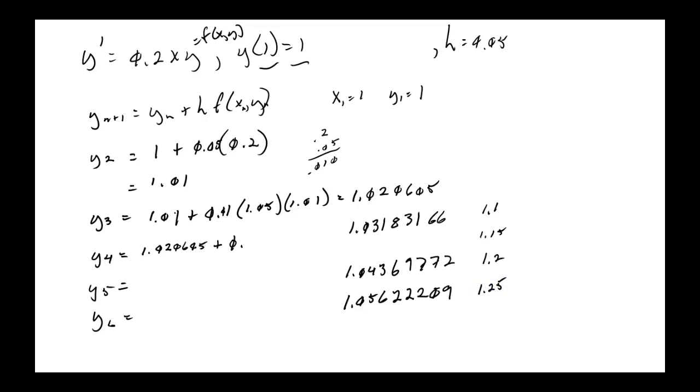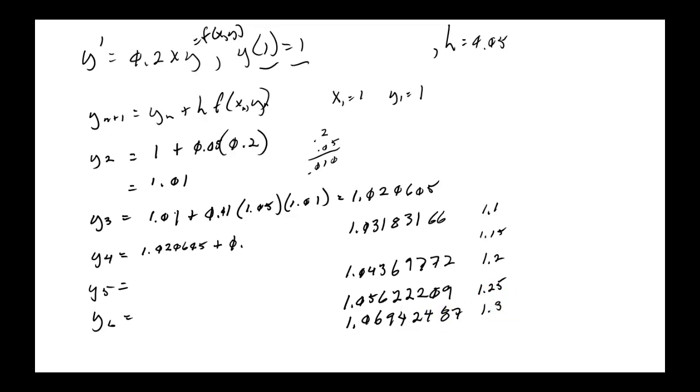The next number would be this one plus 0.01 times 1.25 times 1.05622209, equal 1.06942487.